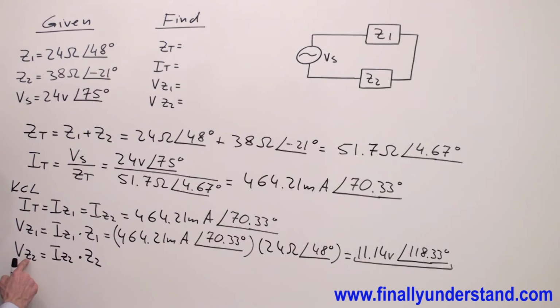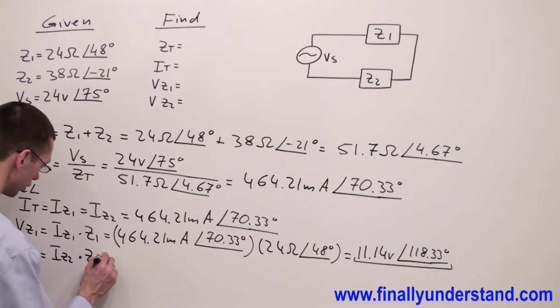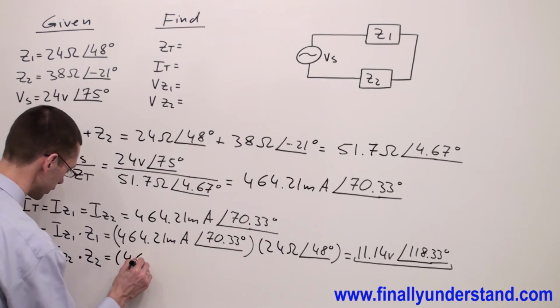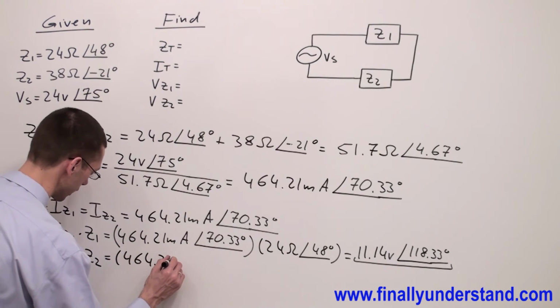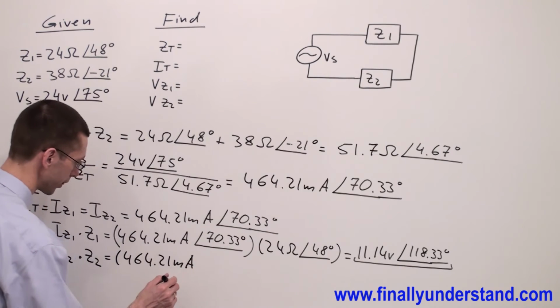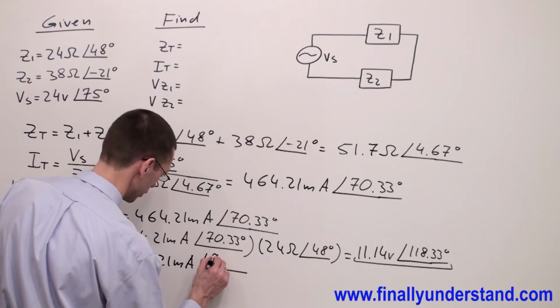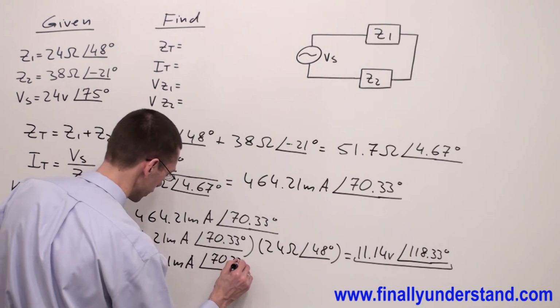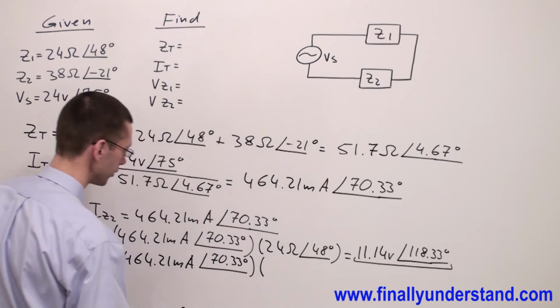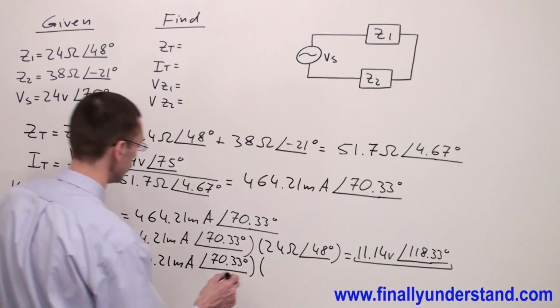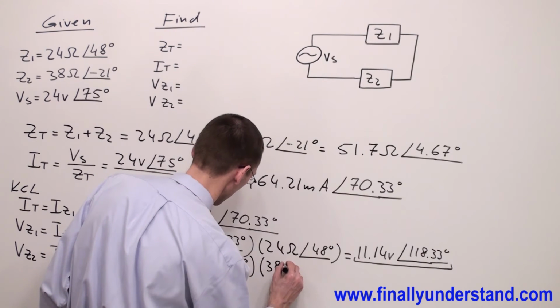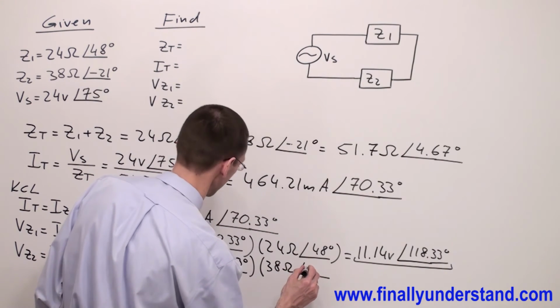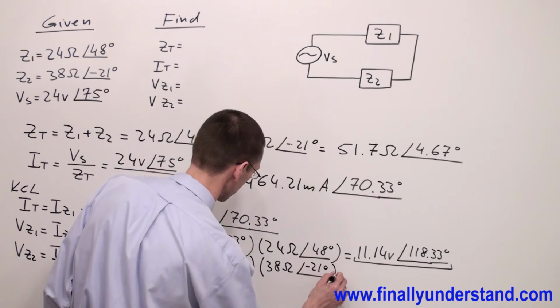Because I'm looking for the voltage across impedance Z2, I have to multiply the current which flows through impedance Z2 times impedance Z2, which is equal to 464.21 milliamps and angle of 70.33 degrees times Z2, which is equal to 38 ohms and angle of negative 21 degrees.